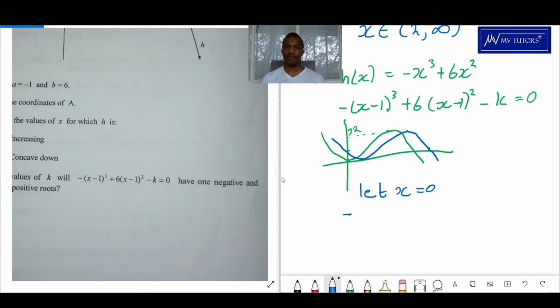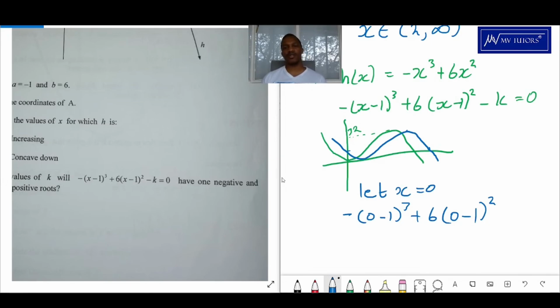So we're going to have minus (0 minus 1) cubed plus 6(0 minus 1) squared.